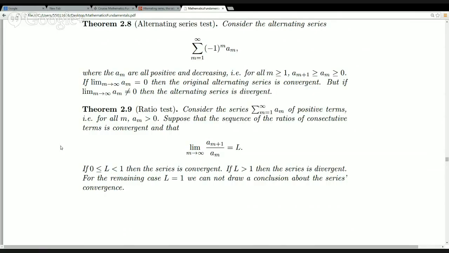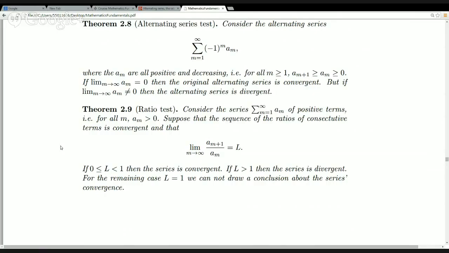We might say a bit more about this when I see you tomorrow afternoon, and there's an important application of the ratio test to the concept of power series or Taylor series, which are an important idea in mathematics.